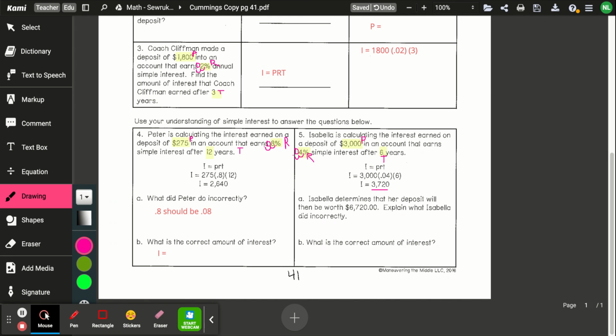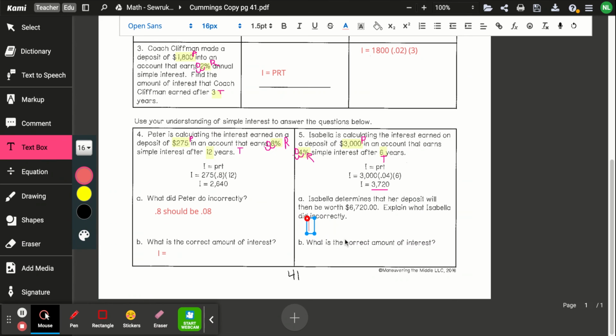So when I put those numbers into my calculator, 3,000 times 0.04 times 6, I do not get that number. I only get 720. So it looks like she already added 3,000 to the interest, and that's not correct.